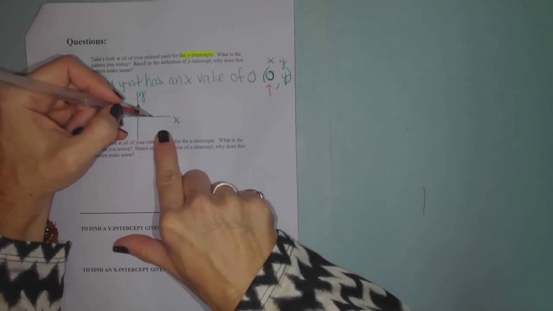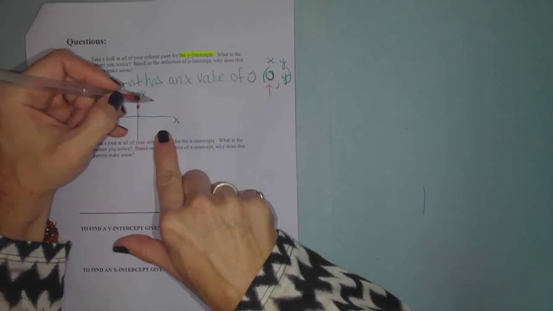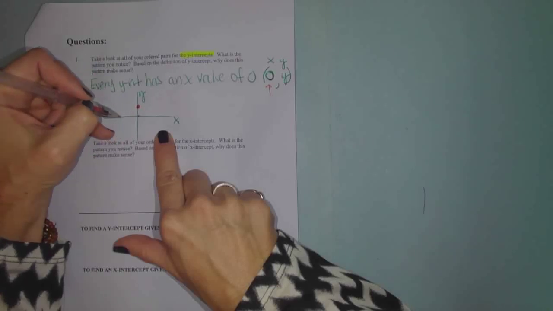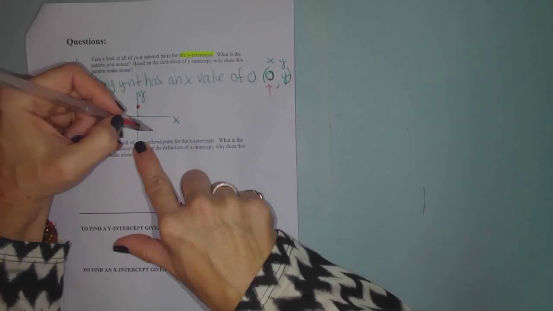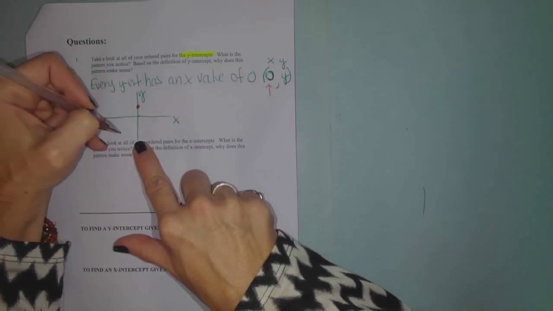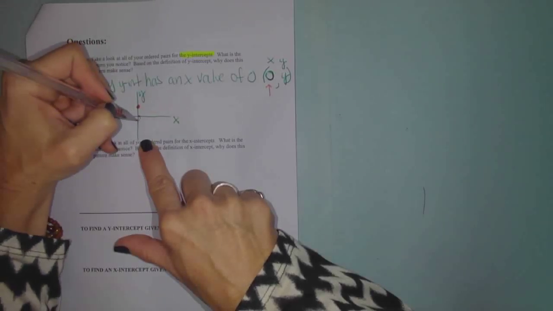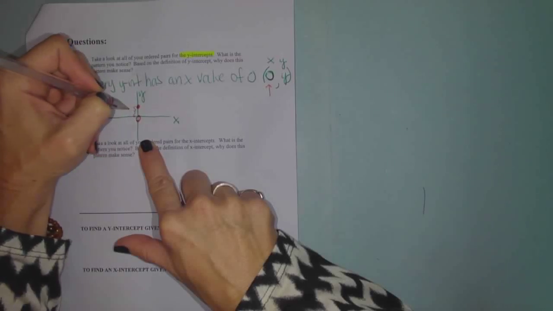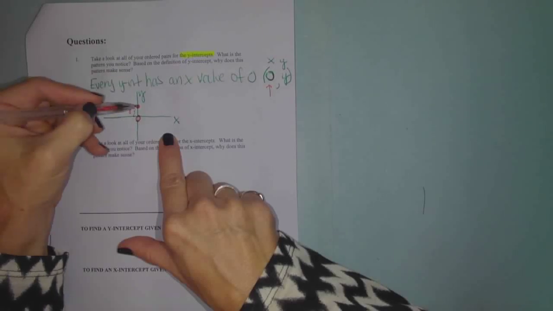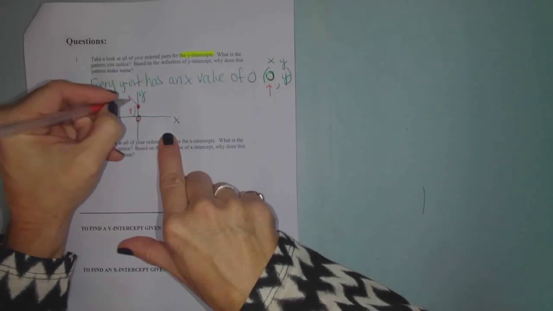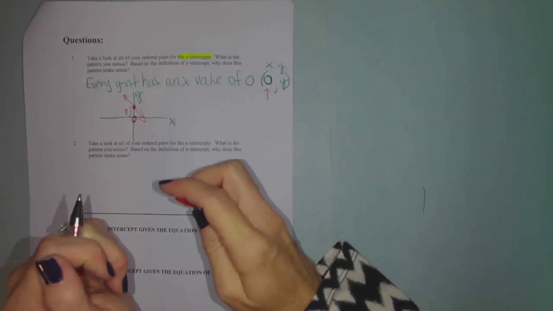If you move here and then up, you're not going to be on the Y-axis. If you move right and down, nope. Left and down, nope. You have to stay put at 0 on the X and only move on the Y in order to ensure that you're on the Y-axis and that you have a Y-intercept. So that's why it makes sense.